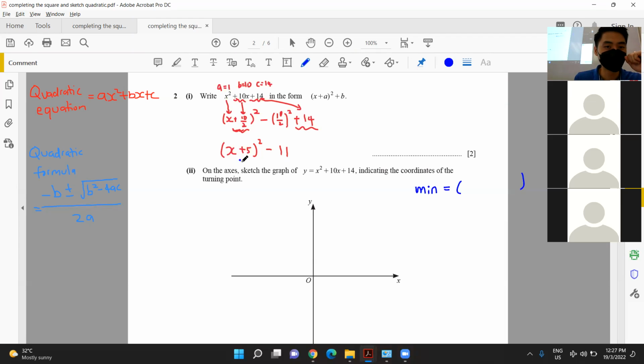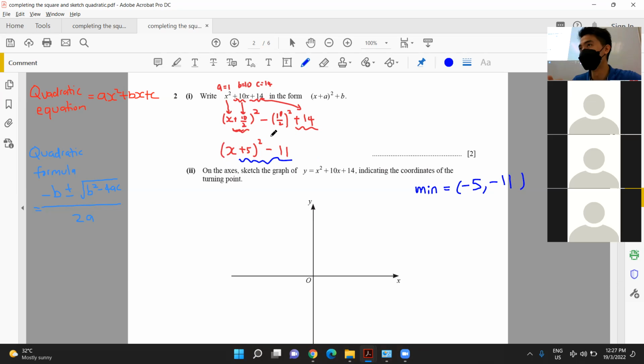It's from here already. X is how much? X is the inverse of this because it's inside the bracket. So if it's 5, then the minimum point is going to be -5. Then the y is -11 because we can see from the completing the square.